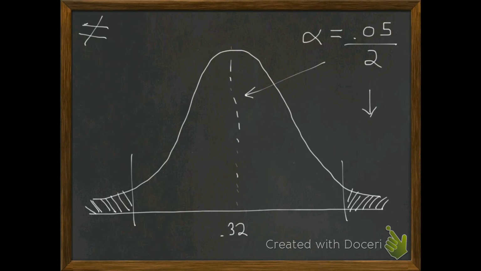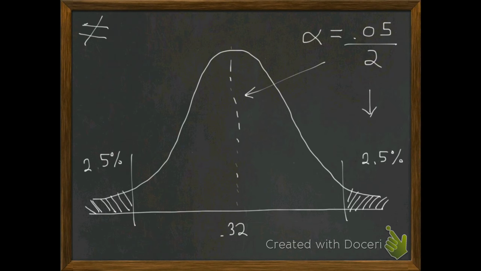So guys, it should make sense that we're going to put 2.5% of our distribution as a rejection region in the right tail and 2.5% in the left tail.